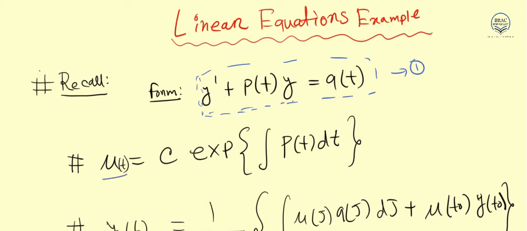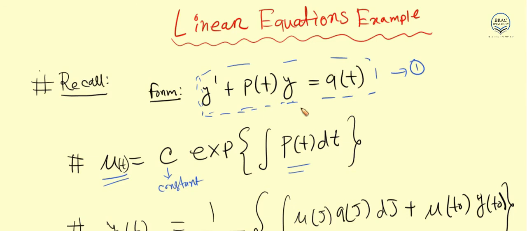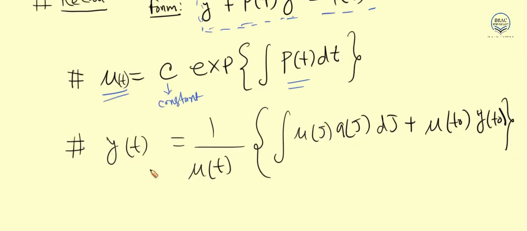And if you recall, this mu was our unknown function with some c that was constant, and there was this exponential part where there is some integration, and finally using this mu we solved this differential equation over here, that is 1, and we found out that y of t will have some form like this. And today we are going to see an explicit example of how we can do it.